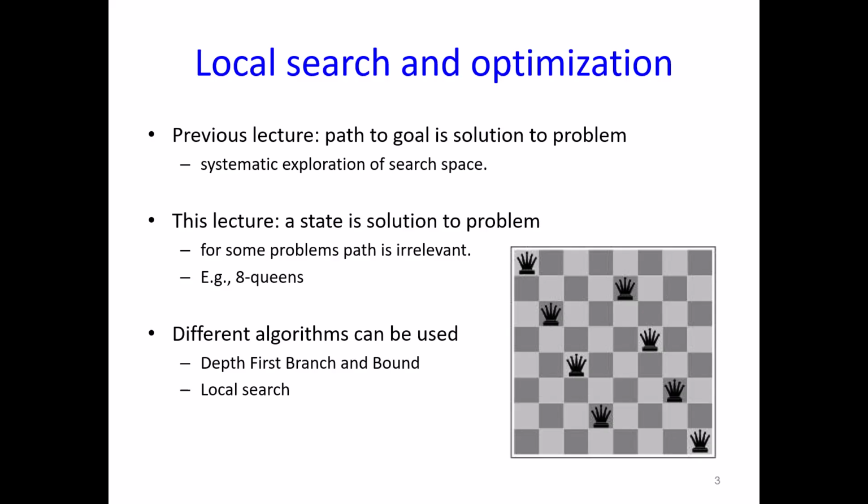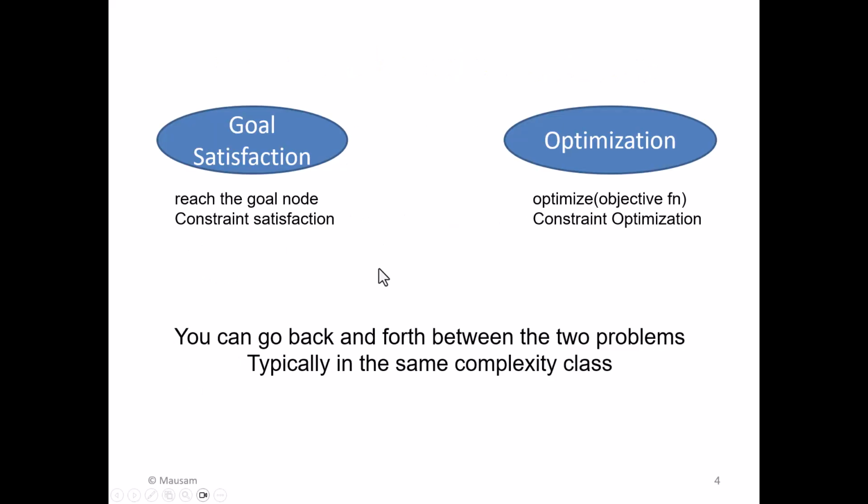So here you see we just use different algorithms like depth first, branch and bound, local search, and you will be able to see that the goal, we want to reach the goal node using constraint satisfaction or optimization using an optimization function. And these are the different types of problems which we will be seeing later.